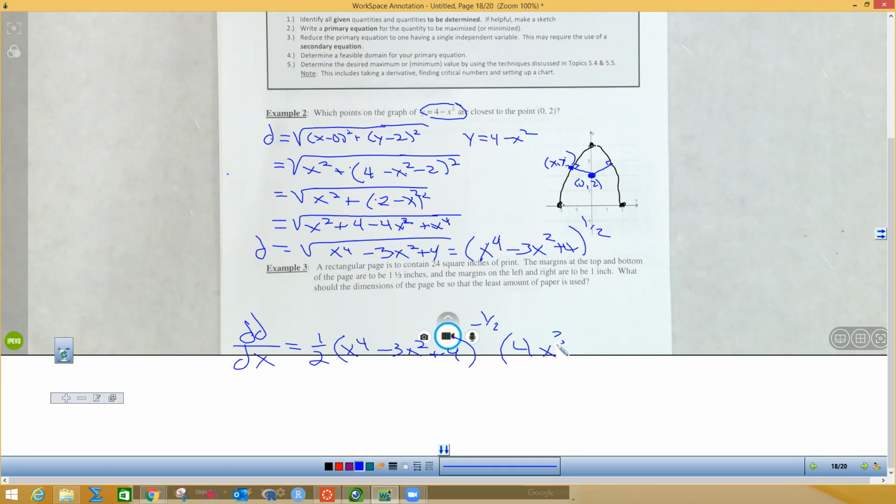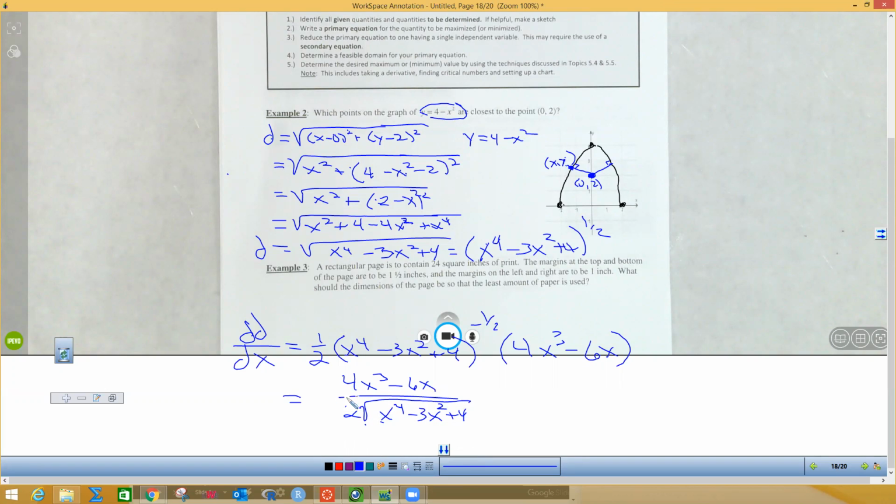So this would be 4x cubed minus 6x right there. And then I can rewrite this as 4x cubed minus 6x all over 2 times x to the 4th minus 3x squared plus 4 to the 1/2, which, let's go ahead and make this a square root, like that.